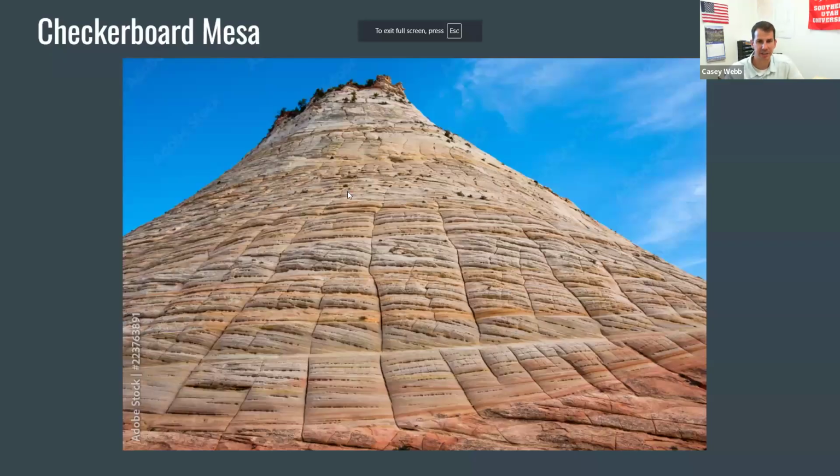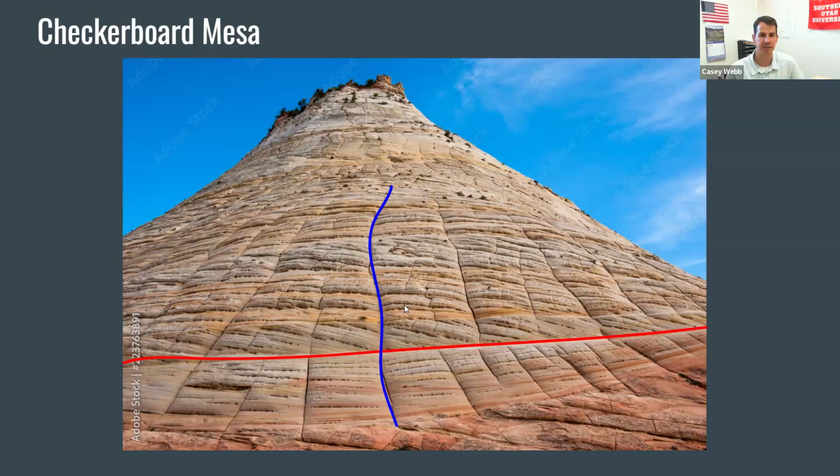We have kind of two sets of distinctive lines that crisscross to create the checkerboard. We have these horizontal to sub-horizontal lines, and then we have these more or less vertical lines, and they crisscross in a number of different places.